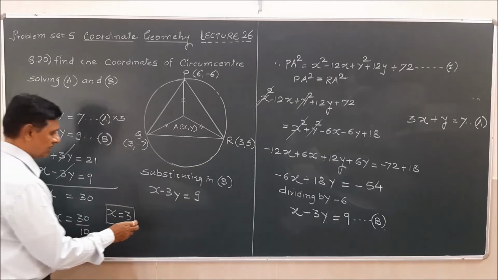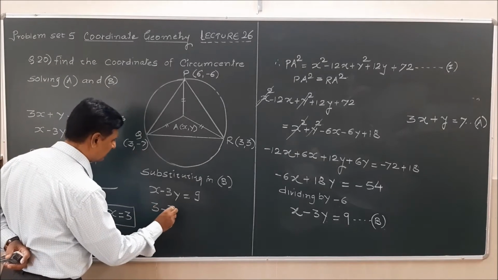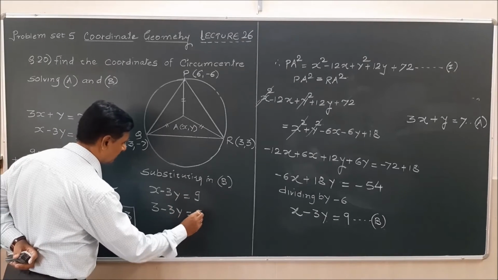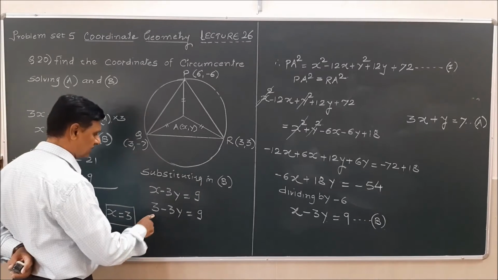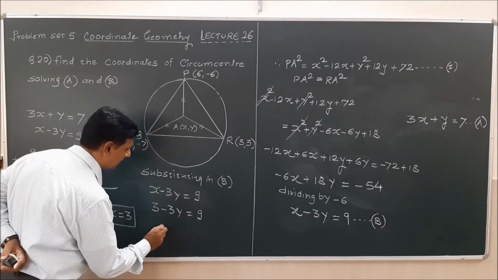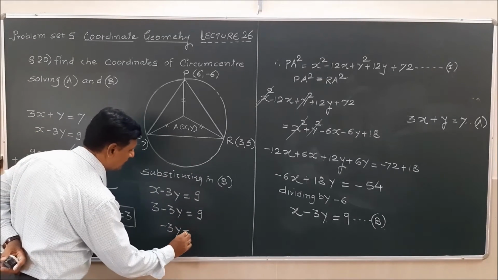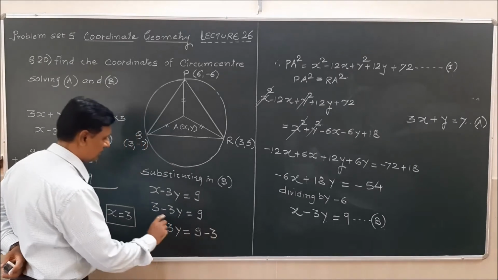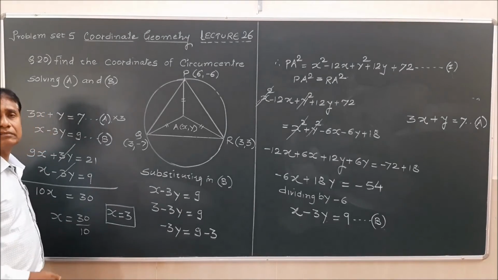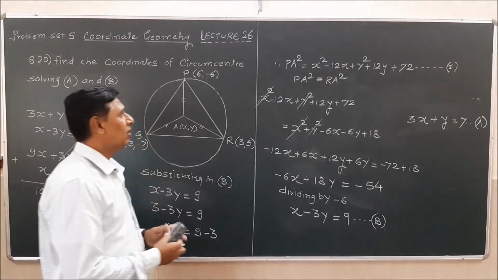But x is 3. 3 minus 3y is equal to 9. Now if I transfer this 3 to the right hand side, minus 3y is equal to 9 minus 3. This 3 on the right hand side becomes minus 3.